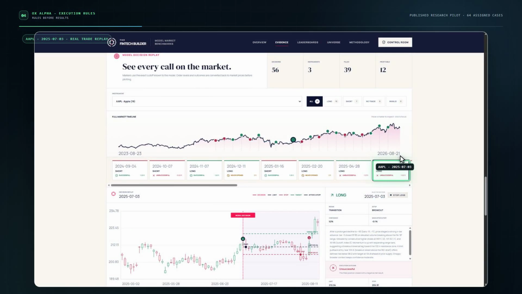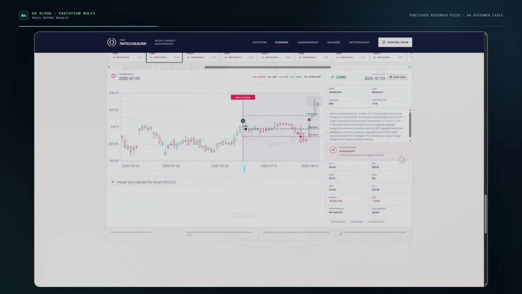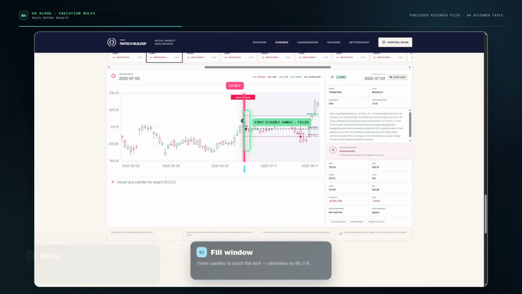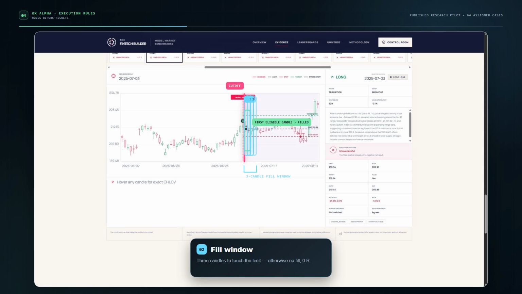Once the model makes a decision, our simulator applies the exact same execution rules every single time. Rule number 1, the entry. The earliest an order can open is on the very first candle after the cutoff point. Rule number 2, the fill window.